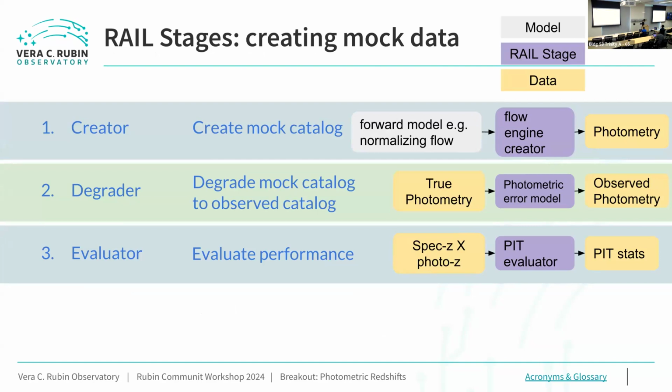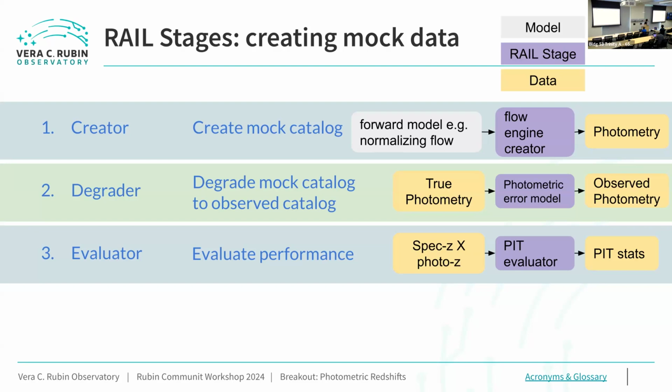These two kinds of stages are produced to create mock catalogs. And when we don't have real data, we can learn from a simulation and from previous surveys to generate degraded training sets to understand the different kinds of systematics and their impact on the photo-z product.